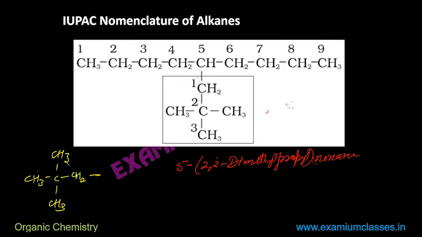If you rotate it by 90 degrees clockwise, you will get this one. So it means on the 5th carbon, you have neopentyl, and then the main chain. So this is another name for the same thing.